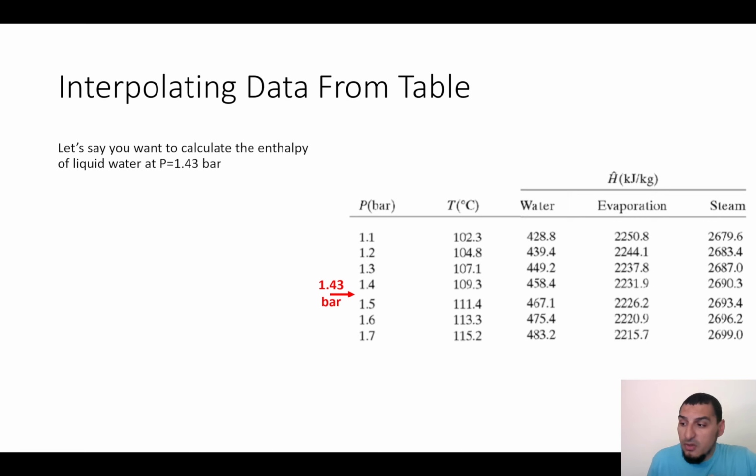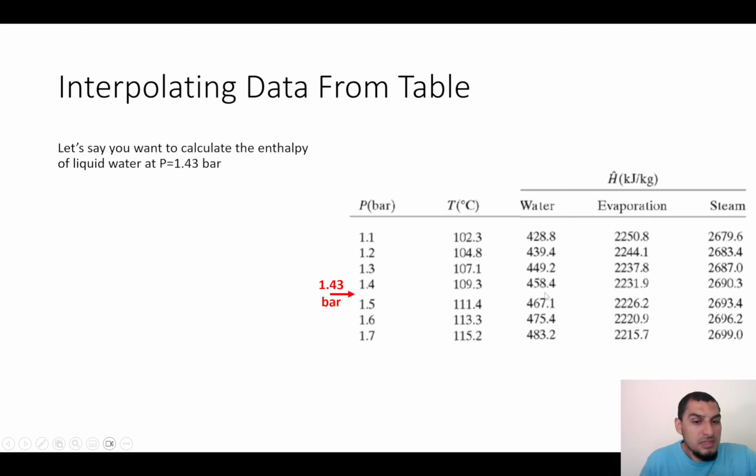So there's something that you need to be aware of, that there is a change in enthalpy, which corresponds to the change in pressure. So if for instance you know that the enthalpy at 1.4 bar is 458.4, and at 1.5 is 467.1, then at 1.43 it would be somewhere between these two numbers.